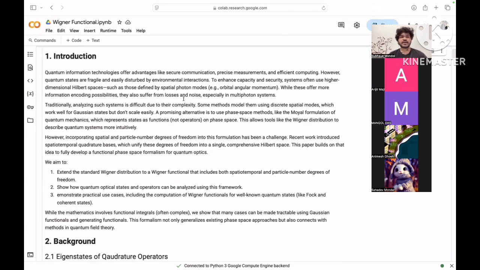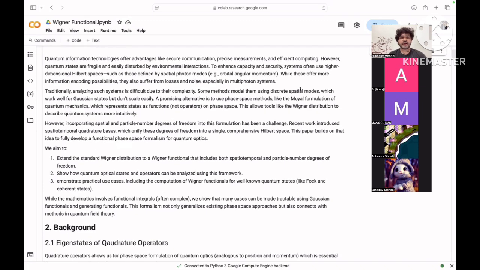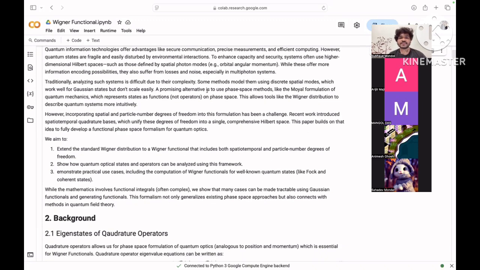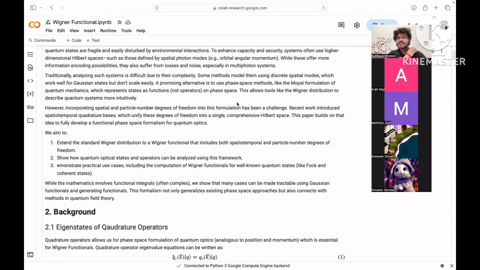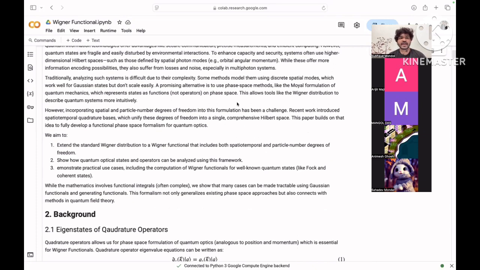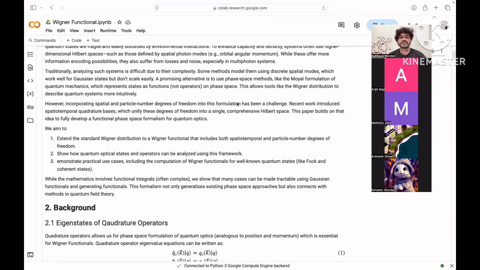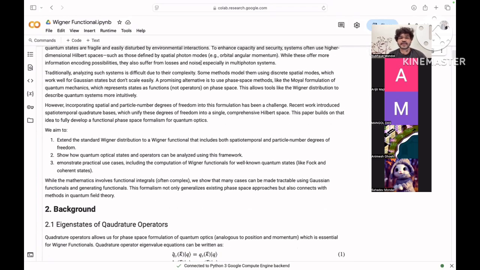So we all know that quantum information technologies offer various advantages in secure communication and precise measurements, but quantum states are fragile and can easily be disturbed. So to enhance the security and capacity, we have to use systems which often use higher dimensional Hilbert space, such as spatial photon modes.